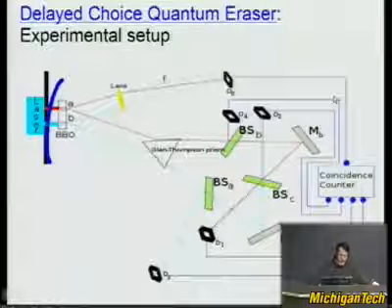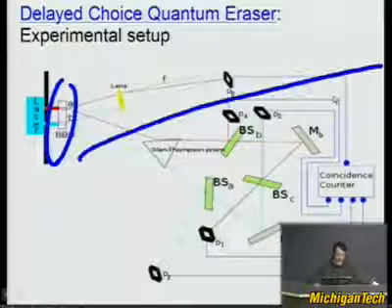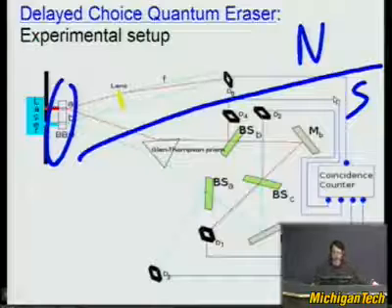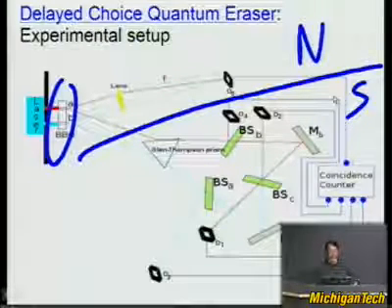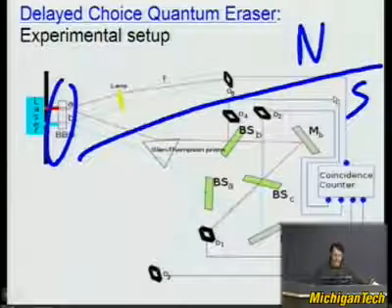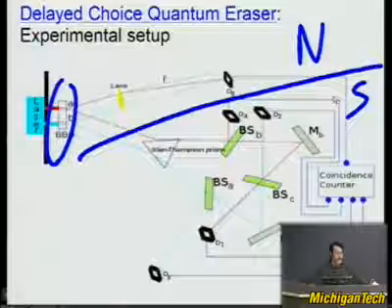Here are 2 slits. It's a 2-slit experiment. Here's the north half of the 2-slit experiment. Here's the south half of the 2-slit experiment. There's pairs of entangled photons. So what happens in the north half and what's happened in the south half are entangled. That's what you need to know. The north half is very simple. It's just the 2-slit experiment.